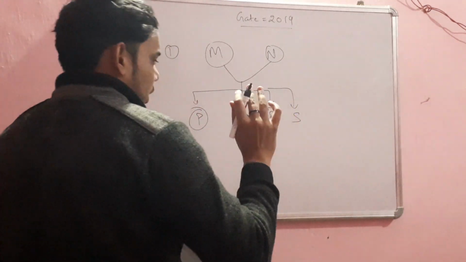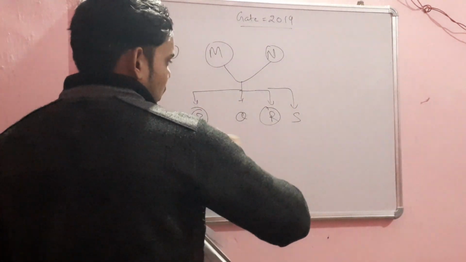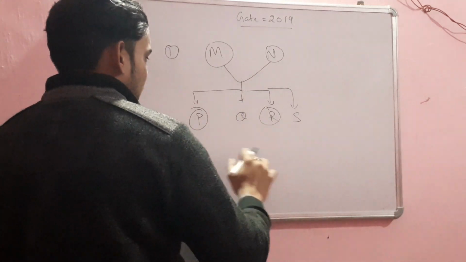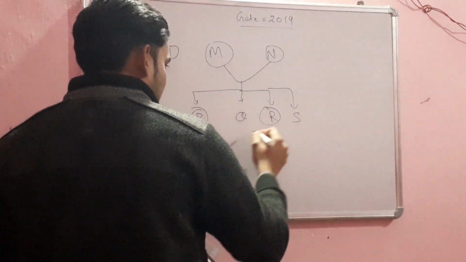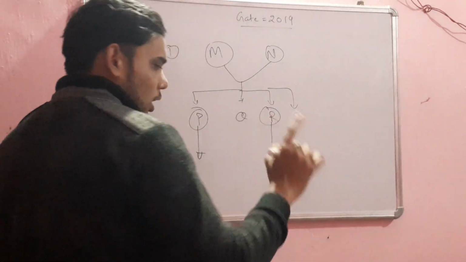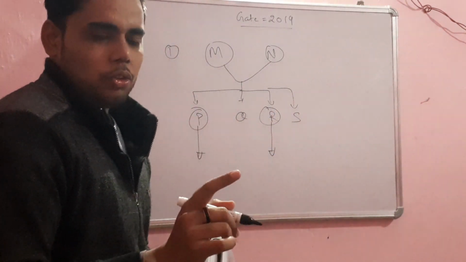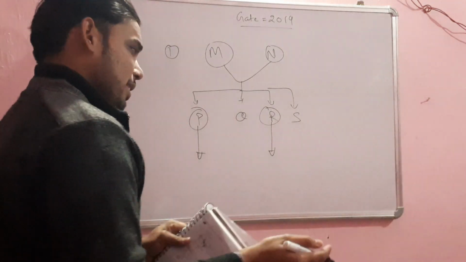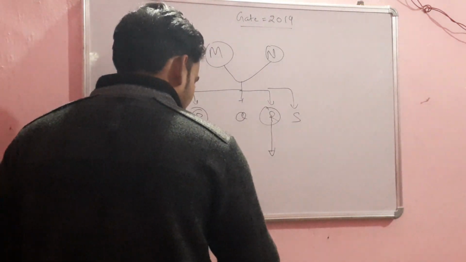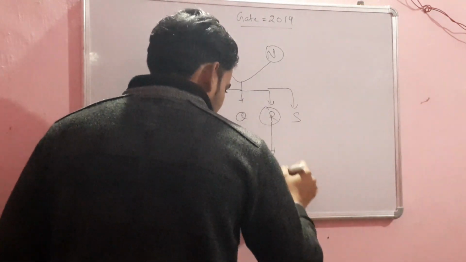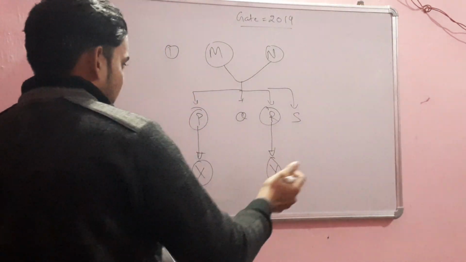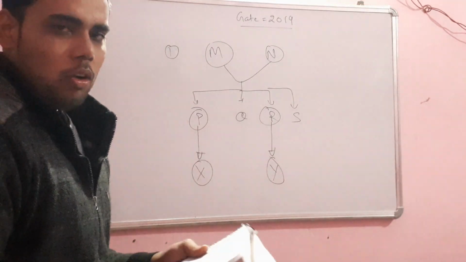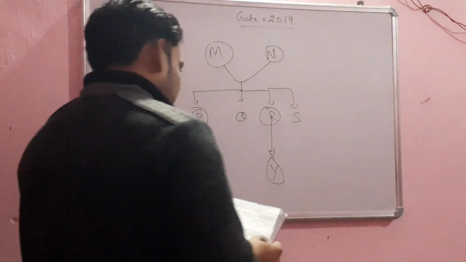We do not know whether these 4 are female or male, but we know that P and R are married. The word respectively is mentioned in the question, so you do not have to mix up X and Y. You have been given X and Y, so you have to use X here and Y here only. You cannot mix up Y and X, then it will be a wrong answer.